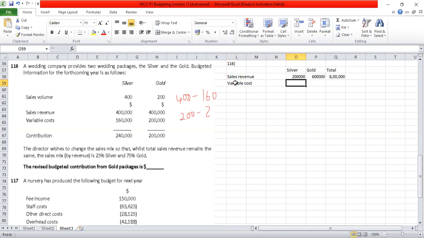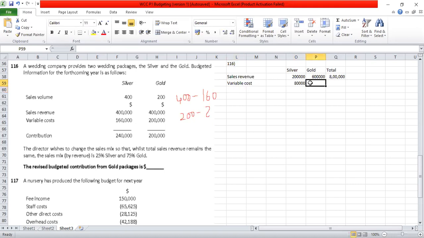So here we can put it as 400 is 160. So 200 is how much? Is equal to 200,000 into 160,000 divided by 400.